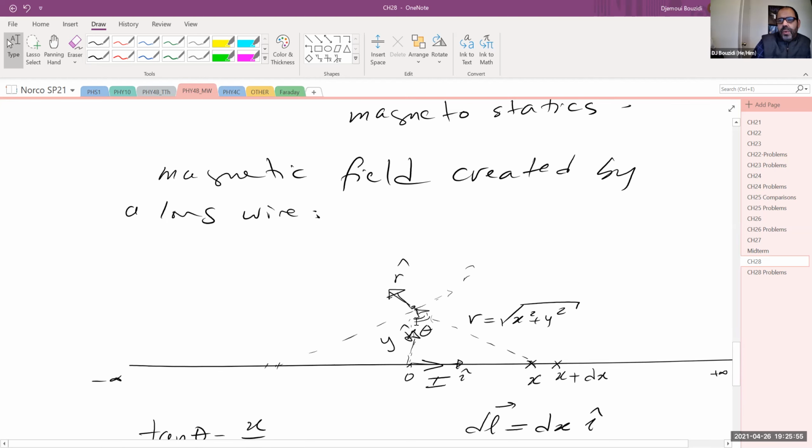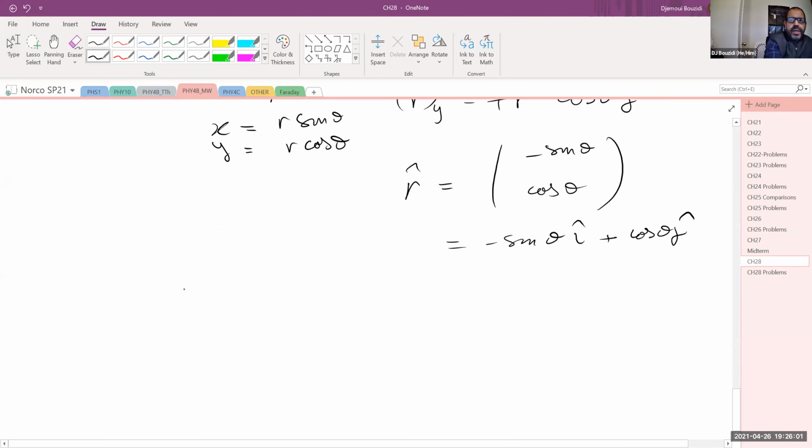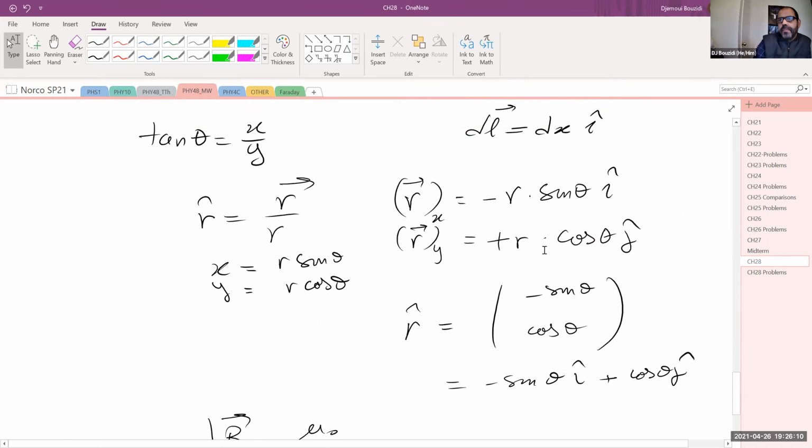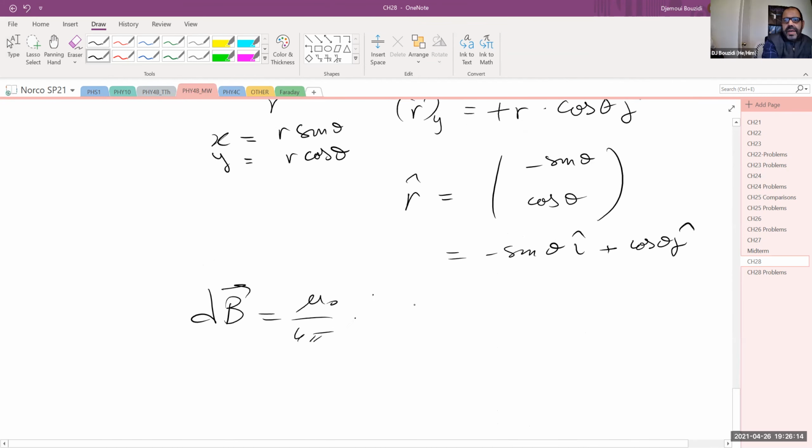Okay, so now we're going to come in here to this expression and do that dot product, that cross product, I'm sorry. So the dB for the element itself is going to be mu naught over 4 pi times the current I times dl. And dl is dx in the i hat direction, crossed with, oh yeah, that's correct.